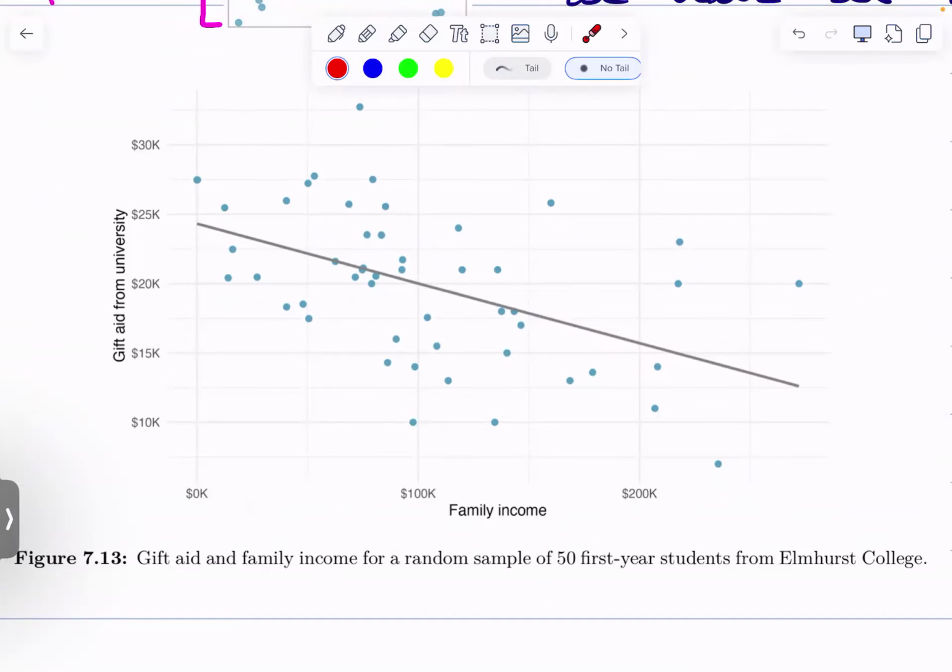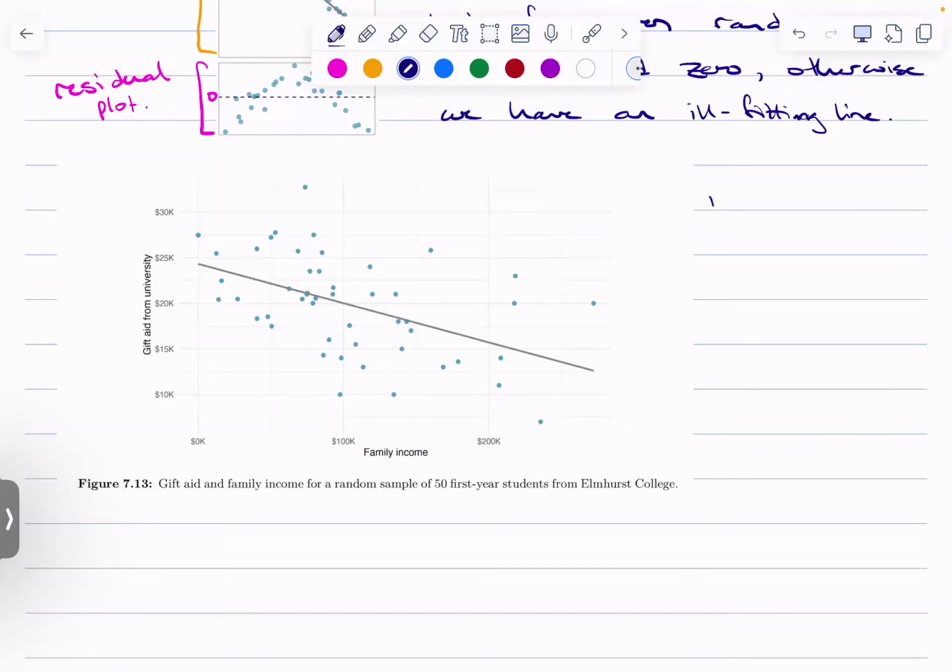If we had to describe this relationship, I would describe it as moderately strong. I see a pattern here. There's some variability around the line, right? But I see a pattern, and so let's say a moderately strong, negative linear relationship.